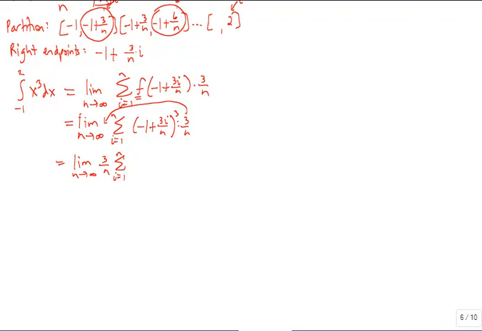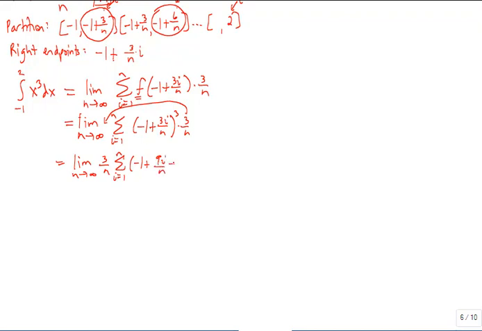And then I'm going to have to do this nasty work of cubing out this -1 plus 3i over n quantity cubed. If you do that, you're going to get a -1 cubed, which stays -1. You're going to get 3 times -1 squared times 3i over n, which becomes 9i over n.